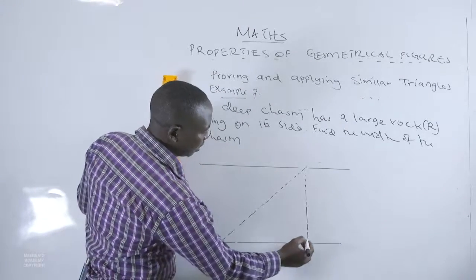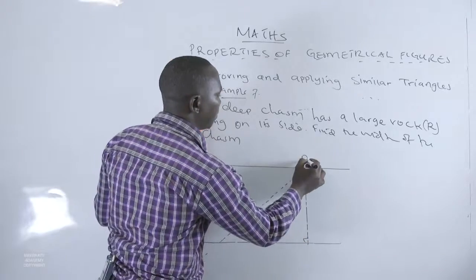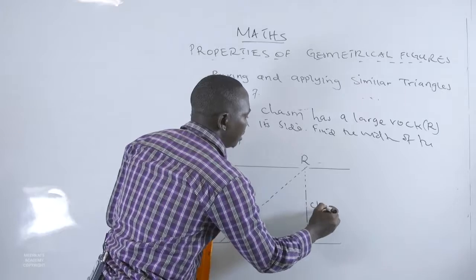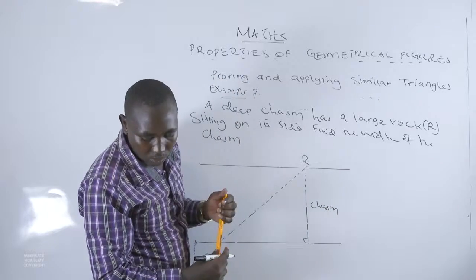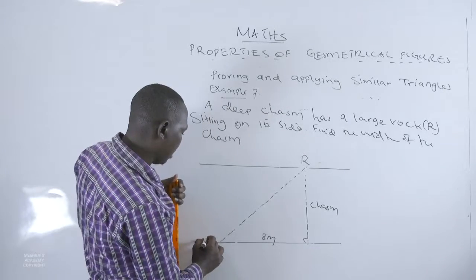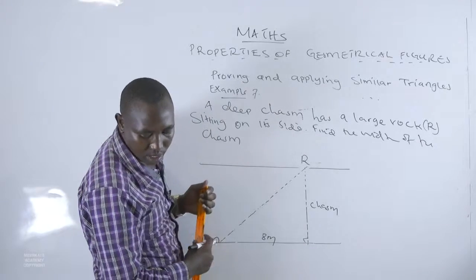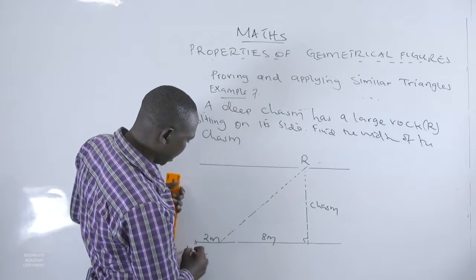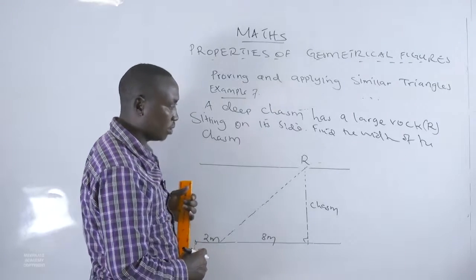Of course, this is 90 degrees, that is 90 degrees. That is our R, and this is our chasm. We are told that this is 8 meters, this is 2 meters, also this is 1.8 meters.